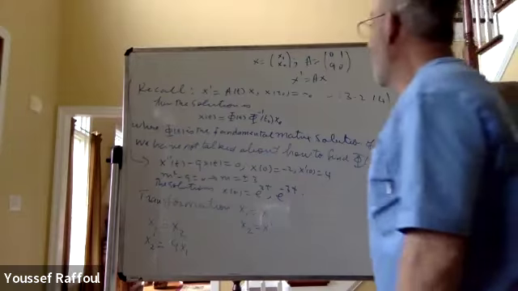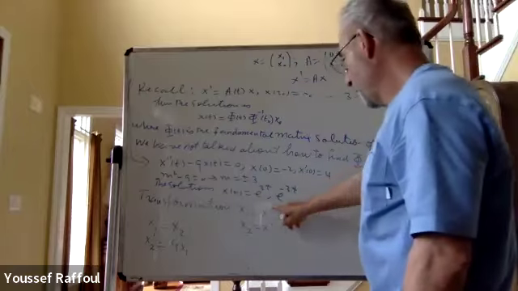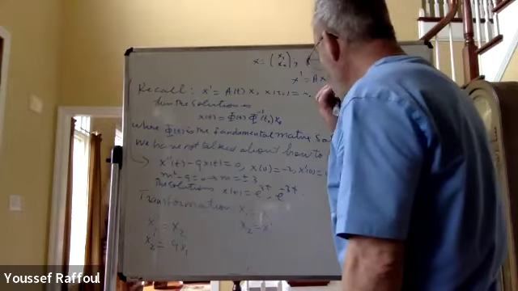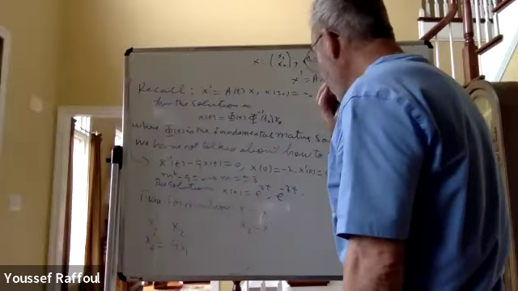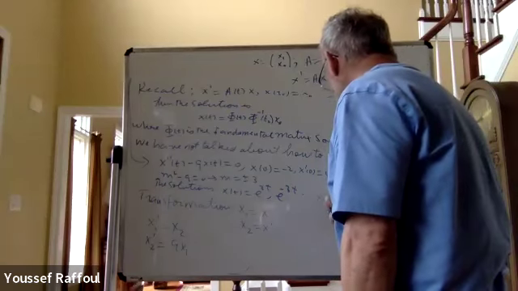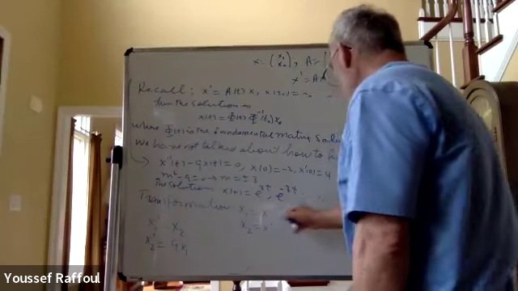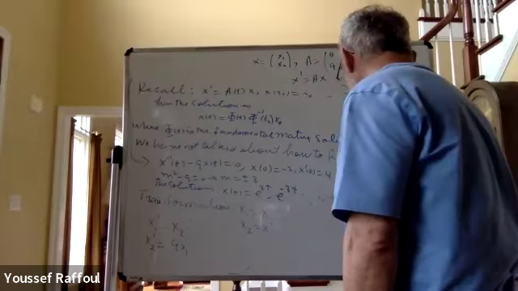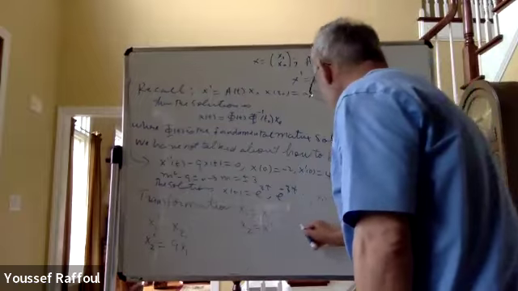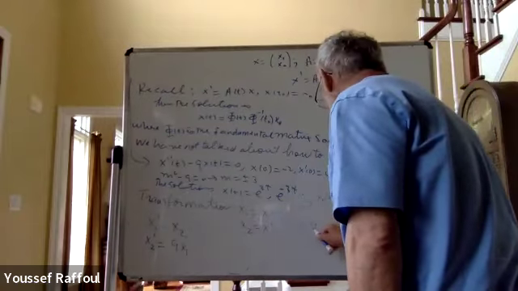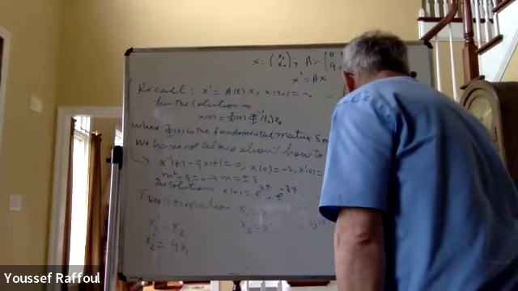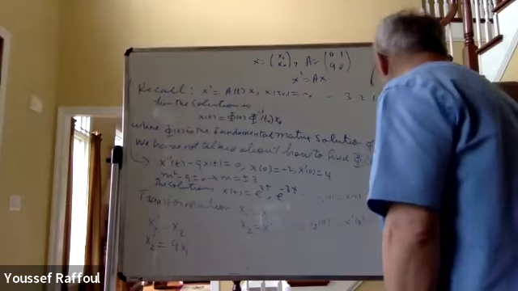Now, how do we deal with the initial condition? Now, x1 of 0 is x of 0, and that is minus 2. And x2 of 0 equal x prime of 0, and that is 4.